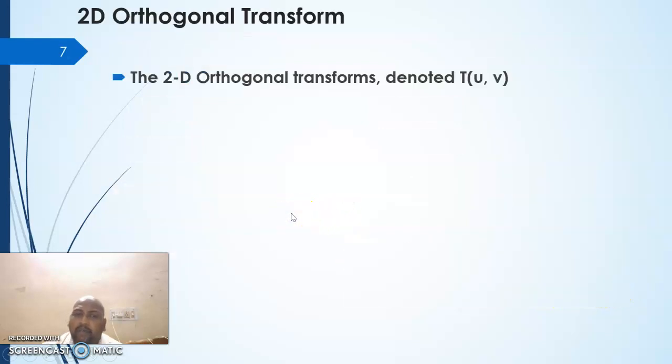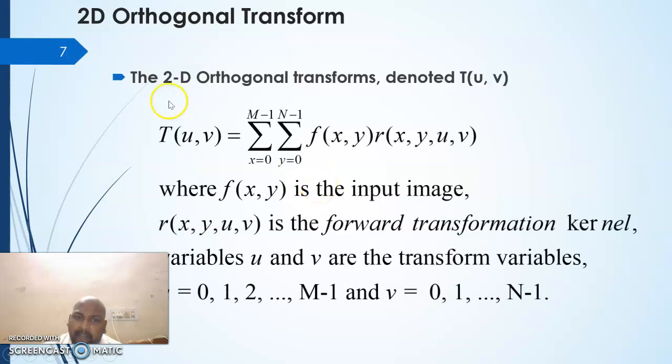To explain the transformation function elaborately, the 2D orthogonal transform is elaborated like this, where f of x comma y is the input image and r of x comma y comma u comma v is the forward transformation kernel, and u comma v are the transform variables. x comma y are the input image variables.